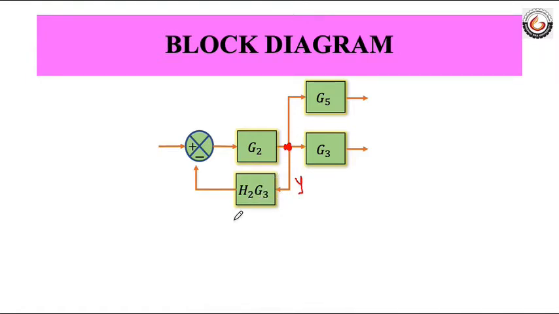So I am multiplying G3 in my feedback to make this signal YG3. Whatever gain I lost by shifting this point here, I will compensate by including it in my feedback transfer function. So this transfer function is now H2 G3 and everything else will remain the same.